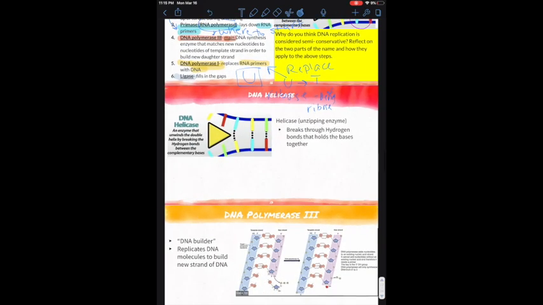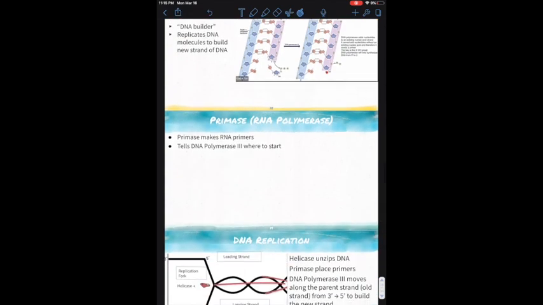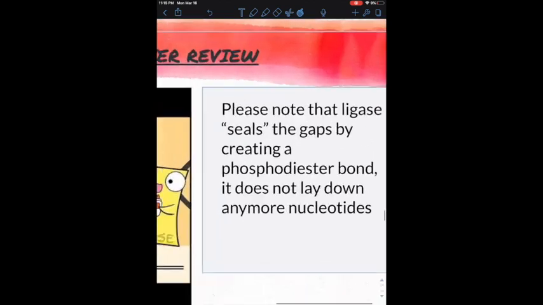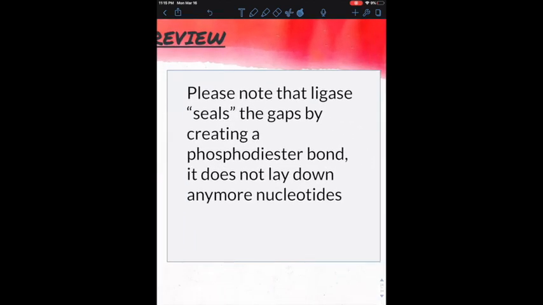Now, something that I wanted to point out, and if you still need more detail, the slides go through some more detail for you. One thing that was mentioned in the video, it looked like the ligase was sealing the gaps by laying down nucleotides, but that is not the case. It fills the gaps by creating phosphodiester bonds.